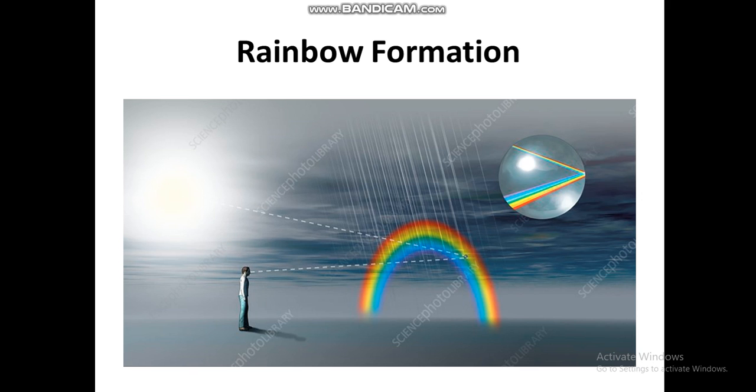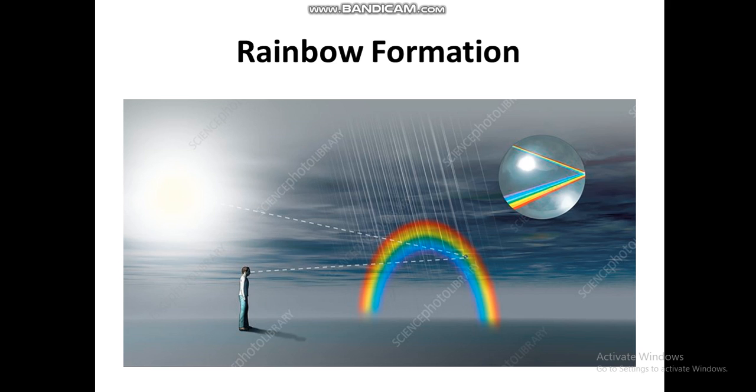Dispersion of light can be seen in our daily life, also in nature, and it is the rainbow. A rainbow does not form on its own, it has some process and phenomena behind it. A rainbow forms after a rain shower, mostly in the evening hours, when the sun is behind us.